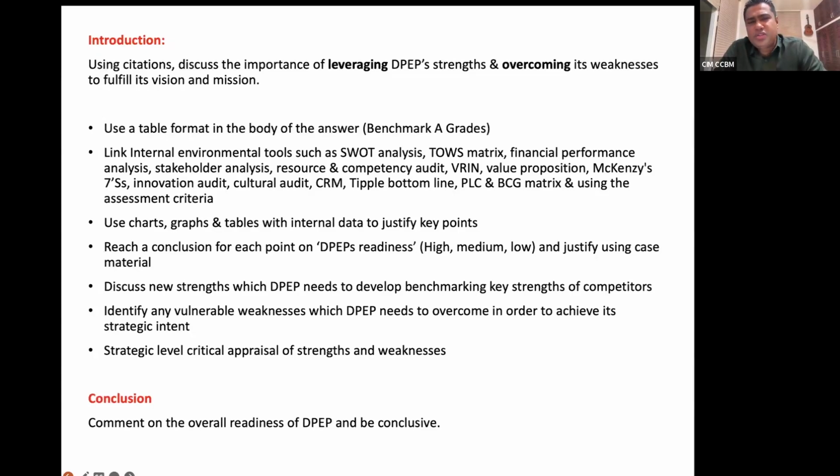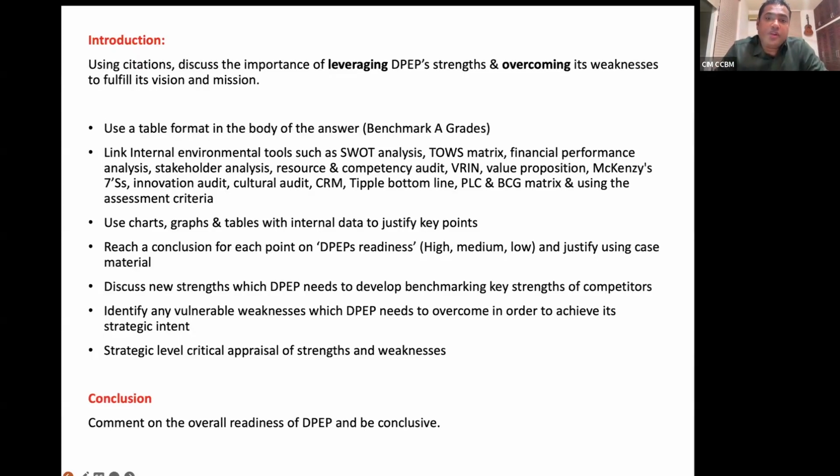So there are many tools that you can use in the audit to link to this task, but primarily you have to take only a few strengths and a few weaknesses, and I think that is there in your SWOT analysis. Okay, so charts, graphs and tables, you can use a few with some internal data where you show forecasts, growth of revenue, profits, visit numbers, all that is possible.